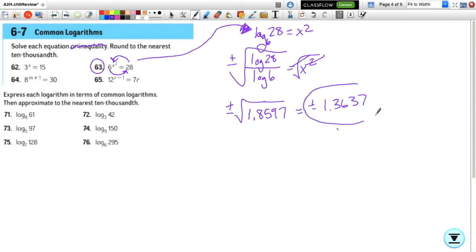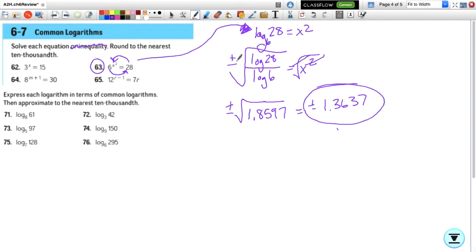And there's my answer. I could have two x values, the positive version or the negative. Because that exponent's going to be squared, it's going to end up being positive either way once you square it. I could double check that by squaring that number, raising 6 to that power, and making sure that it equals the 28.